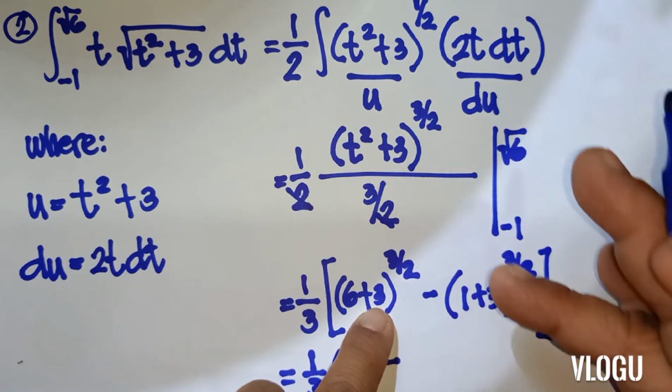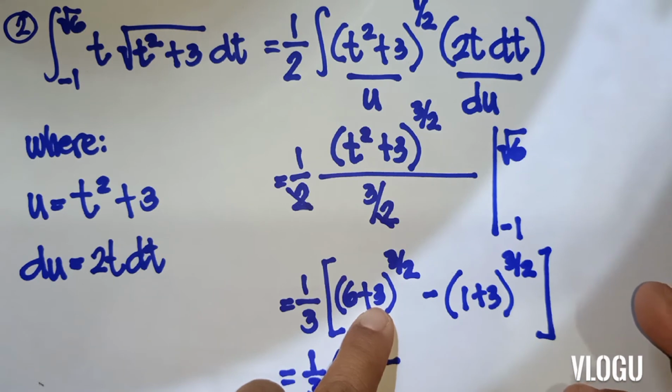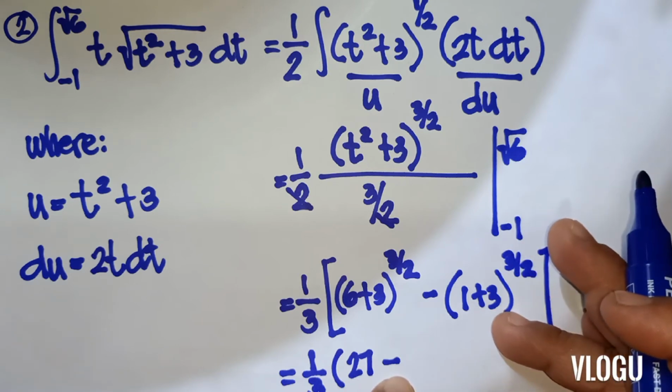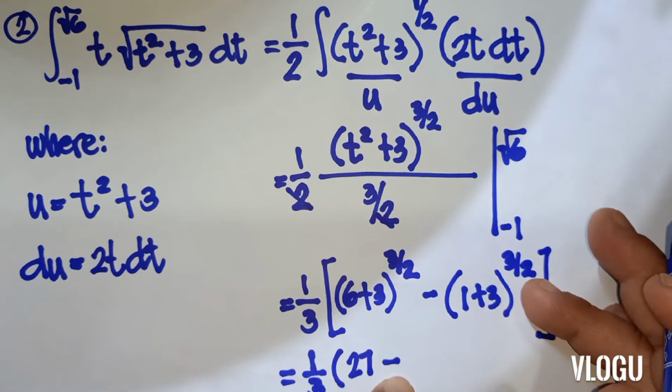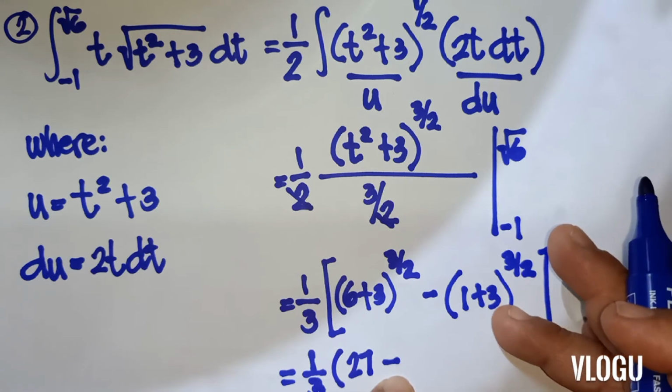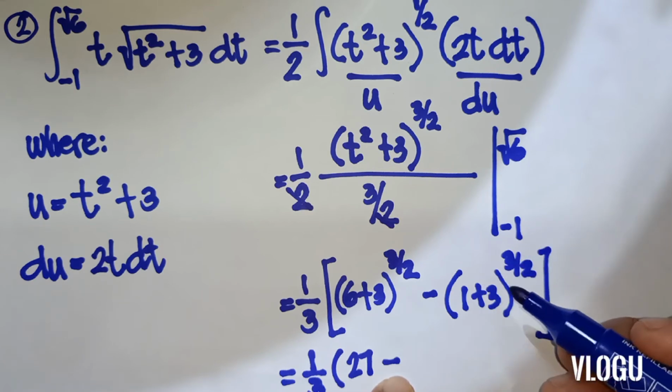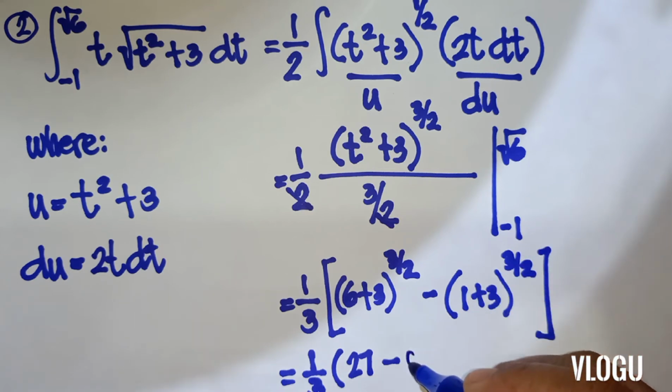But 3 raised to the cube, that is 3 times 3, 9, times 3, that is 27. Minus 1 plus 3, that is 4. Square root of 4 is 2, because you have 1/2 here. 2 times 2 raised to 3, that is 8.